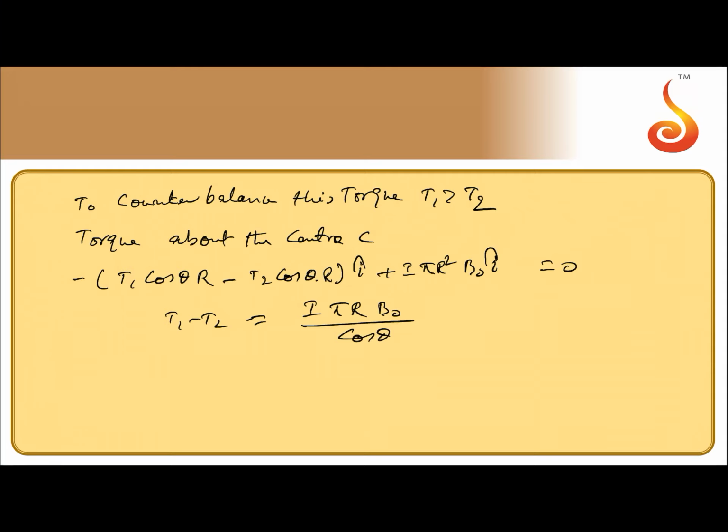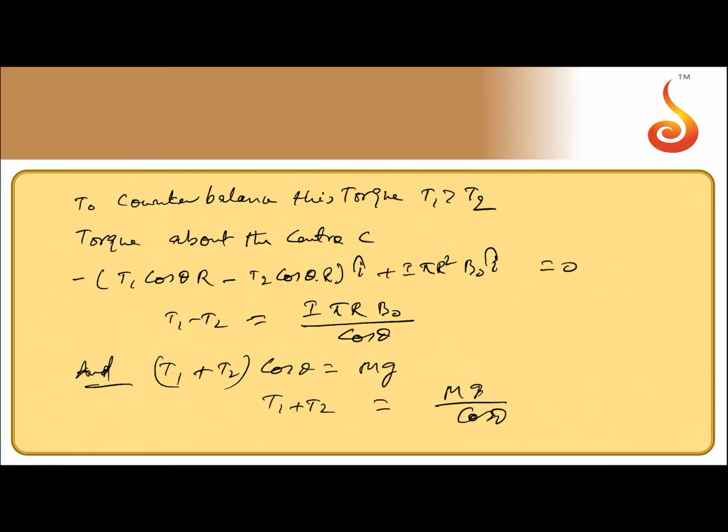And one more, we get T1 plus T2 cos theta must be equal to mg. So T1 plus T2 will be mg by cos theta. So these two equations will give us the values of T1 and T2.